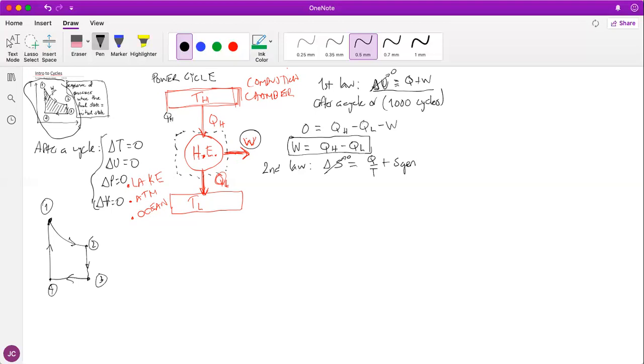One of them is QH divided by TH, and the other one is QL divided by TL. That's entropy transfer going into the system, which is the heat engine, and going out of the system. So I'm going to put 0 equals QH divided by TH, that's entropy going in, minus QL divided by TL, entropy going out, plus S gen, okay? So what I'm going to do is put it in explicit form.